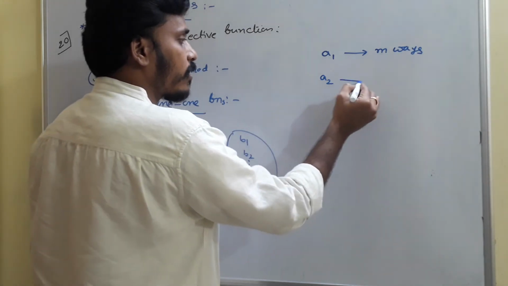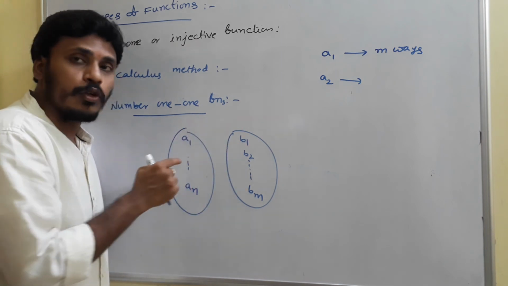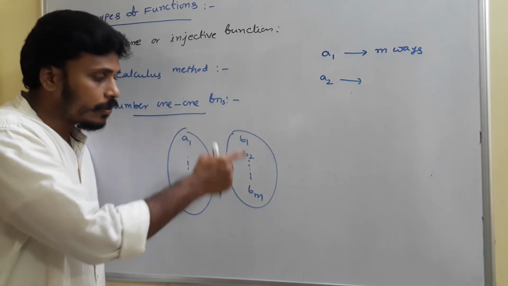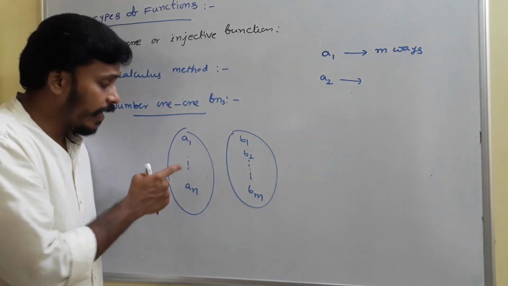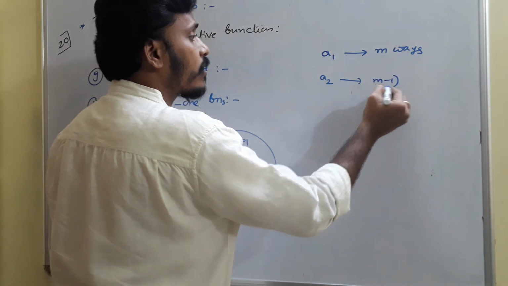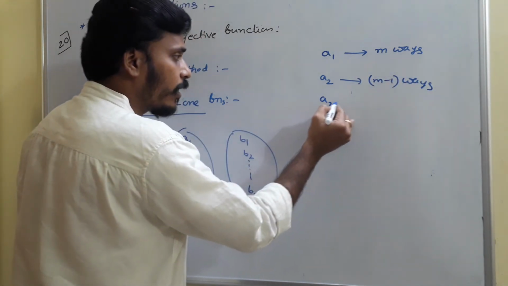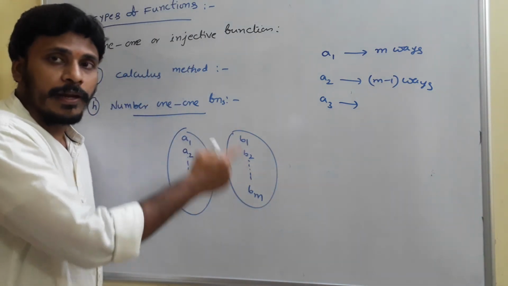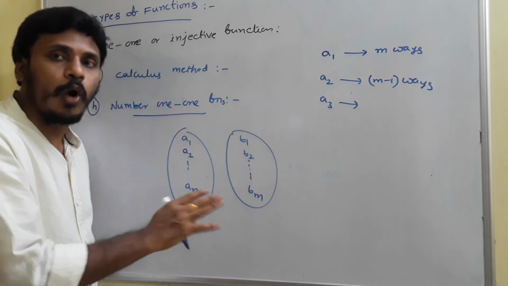Then you connect the second element. Already a1 is connected to any one of these m elements, so the remaining elements are m minus 1. Then the second element a2 has only m minus 1 ways. Likewise, if you connect a3, already 2 elements are completed. I don't know which elements, but 2 are completed.